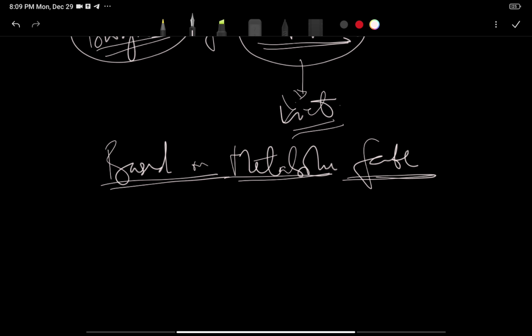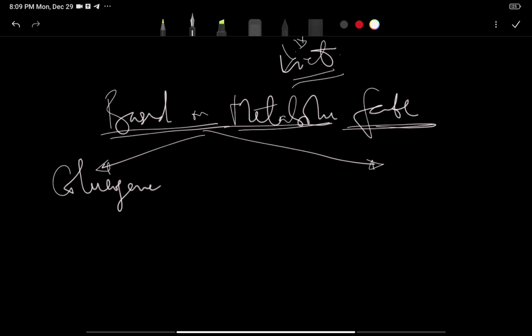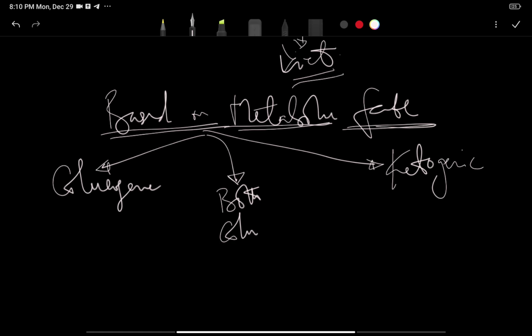Now, based on metabolic fate, there are two main types. We have glucogenic amino acid, and we have ketogenic amino acid. Then there's usually one in the middle here, which we just call both glucogenic and ketogenic.